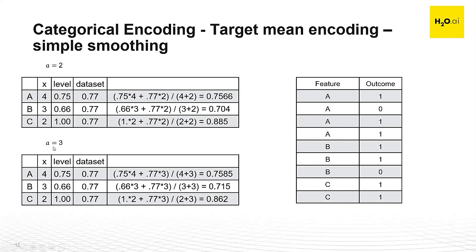And if I increase this A parameter, which puts essentially more weight to the average target of the whole data set, then the results will be even closer to that average. This is a good way to prevent leakage, but at the same time take into account that, for example, a category has indeed a 0.75 chance to yield an outcome of 1.